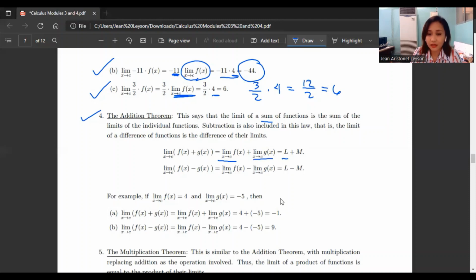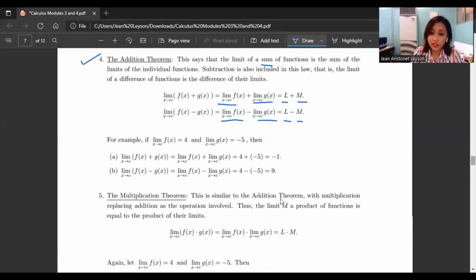So that's L plus M. Same with the subtraction. So the limit of f of x minus g of x as x approaches c is the limit of their individual functions being subtracted. So that's L minus M.